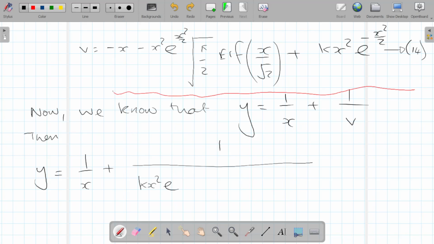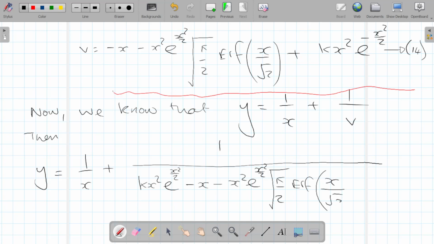So we've got kx squared e to the x squared over 2 minus x squared e to the x squared over 2 times the square root of pi over 2 times the error function, again assuming that I've written down the error function correctly, assuming it isn't the imaginary error function or the complementary error function, then that final term there is x over root 2.